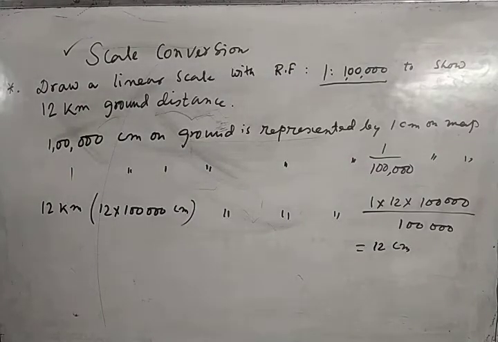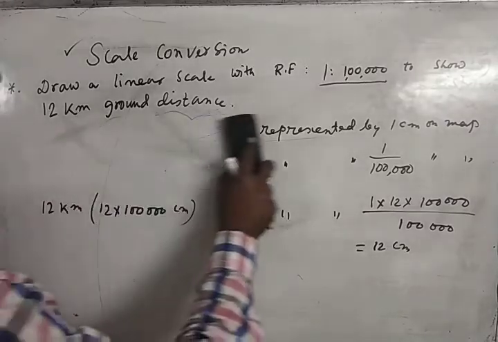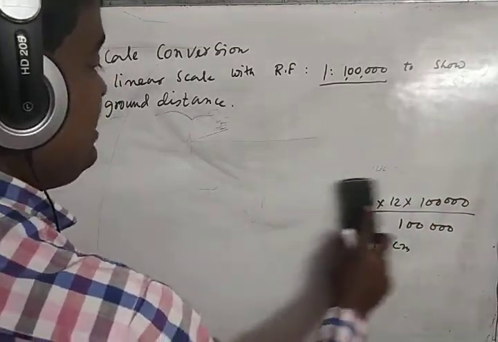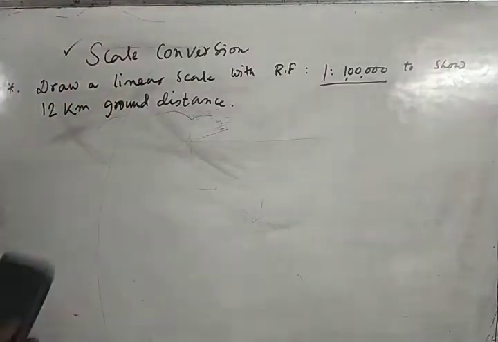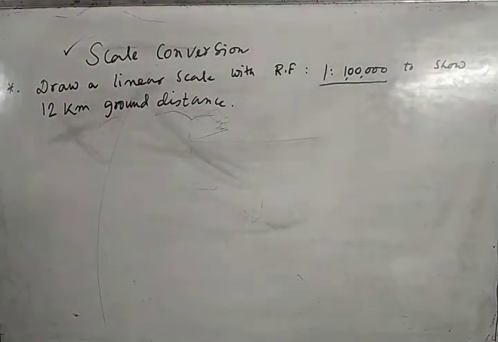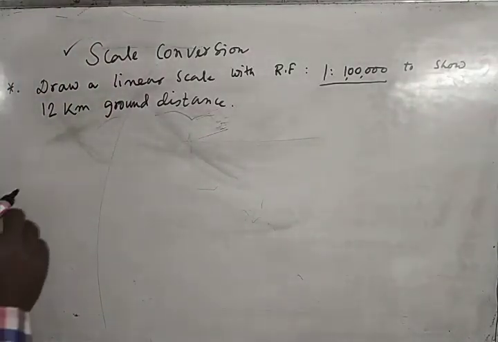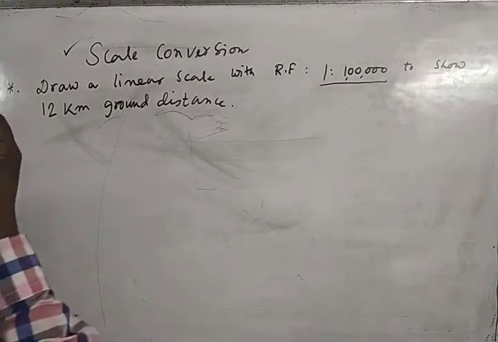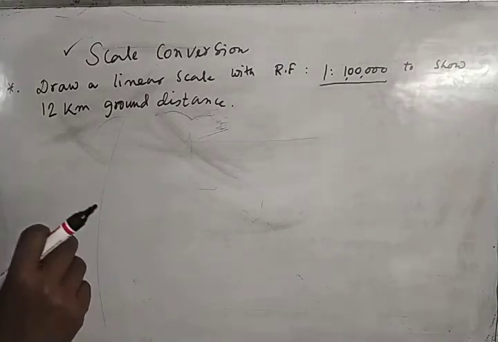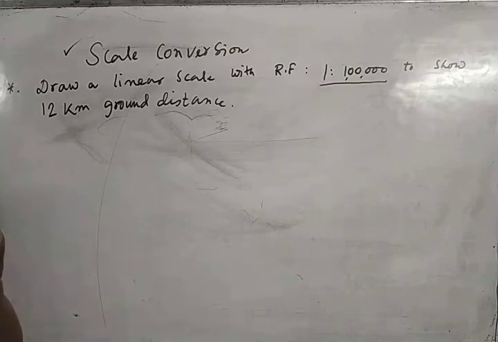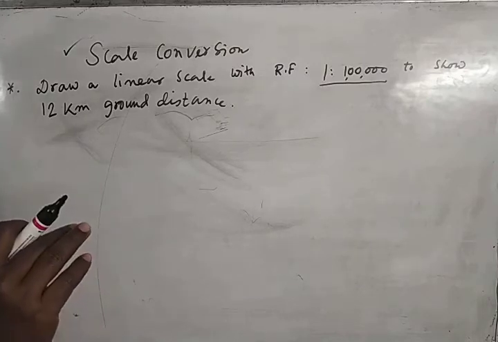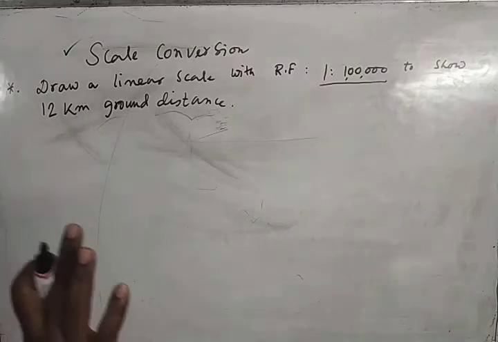Now, in a linear scale, there are two types of divisions: one is primary division and another is secondary division. What are these? Normally, it is the usual practice that there will be a minimum of 3 primary divisions and at least 2 secondary divisions.